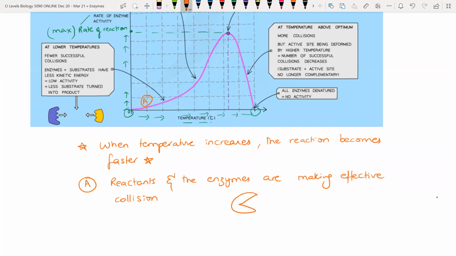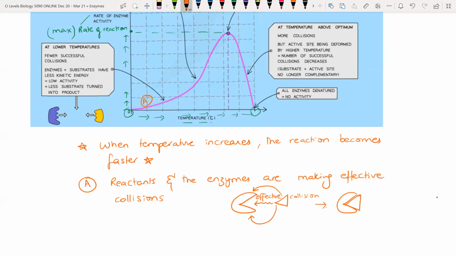Okay, if that's the enzyme and that's the substrate, if this enzyme hits at this side, it will just hit the enzyme and move away. If this side hits this area, it will just bump off. But if the collision happens here, we will call it an effective collision. The reason why we will call it an effective collision is because this will result in the formation of the enzyme substrate complex.